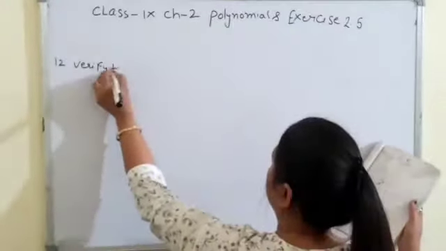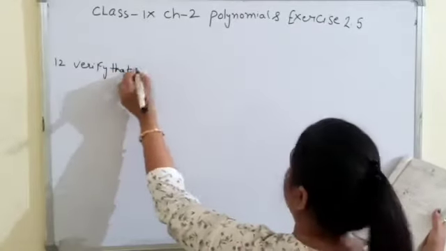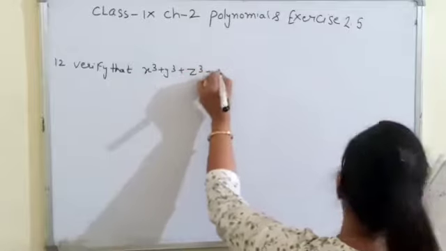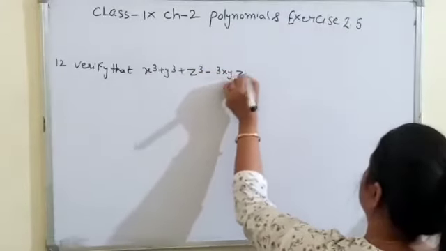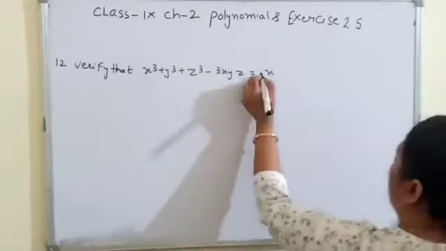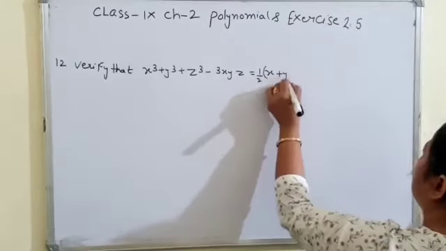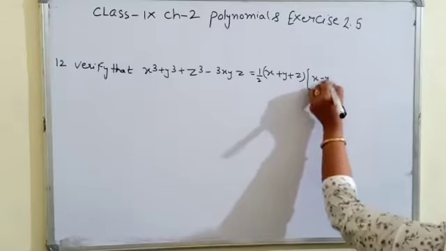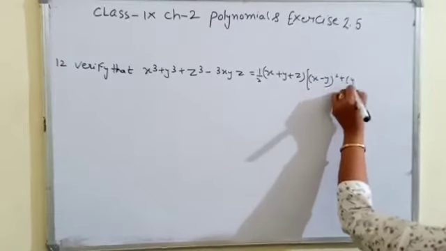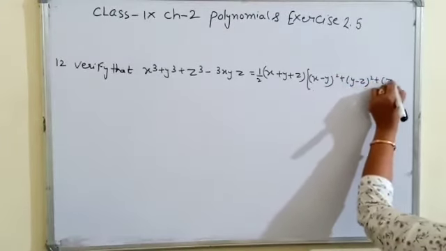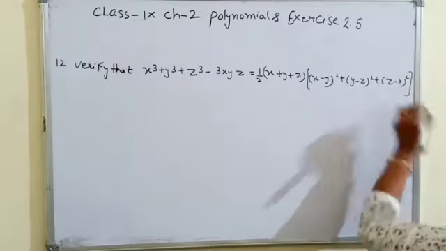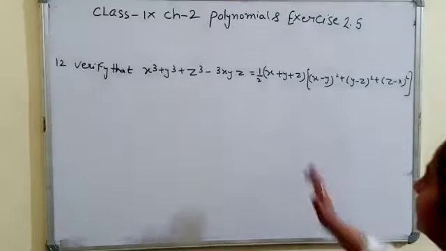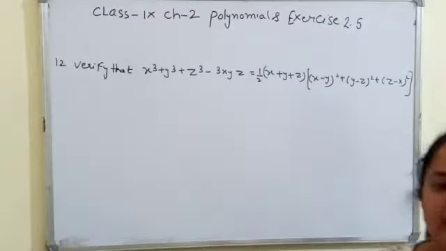Verify that x cube plus y cube plus z cube minus 3xyz will be equal to half of x plus y plus z into (x minus y) whole square plus (y minus z) whole square plus (z minus x) whole square. Now we have to prove it. We can do it by two methods.